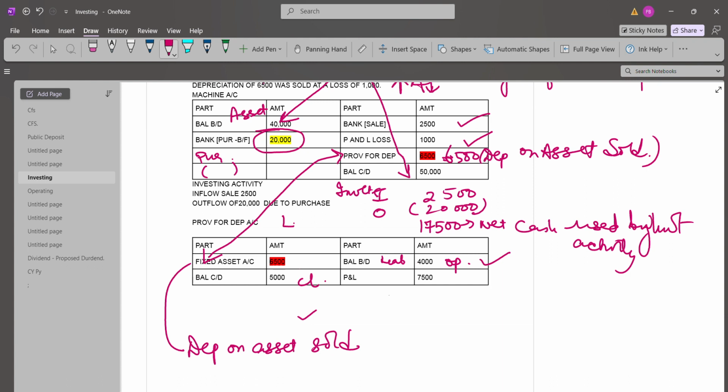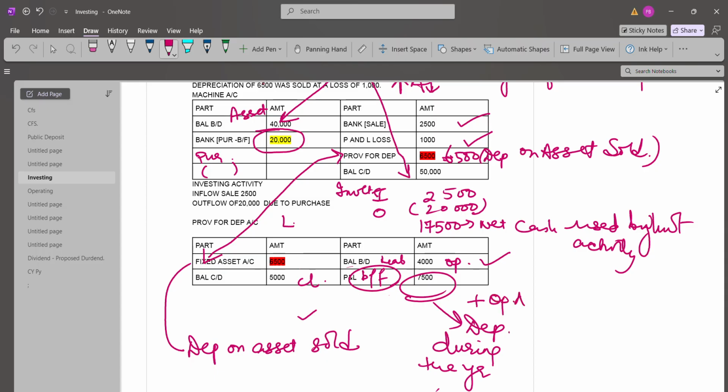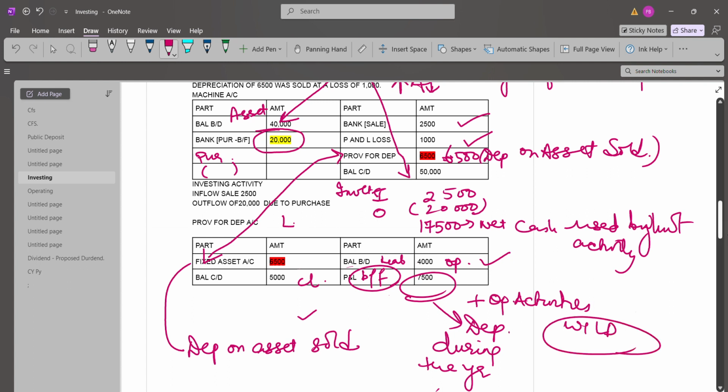When I reduce that, I get a balancing figure, which is 7,500, which is depreciation during the year. So that means on all the assets which we have used during the year for different durations, we have charged depreciation of 7,500. This 7,500 is added in operating activities. This is that depreciation to be added in operating activities.